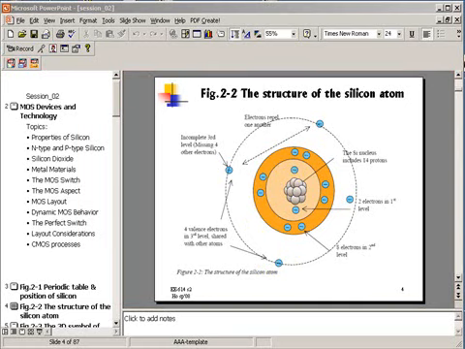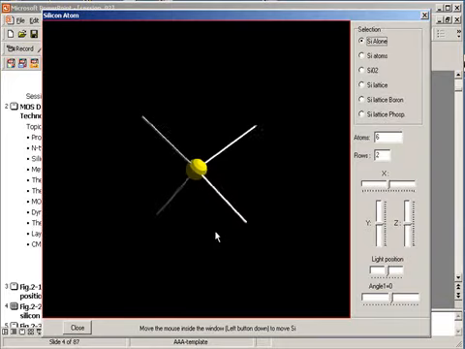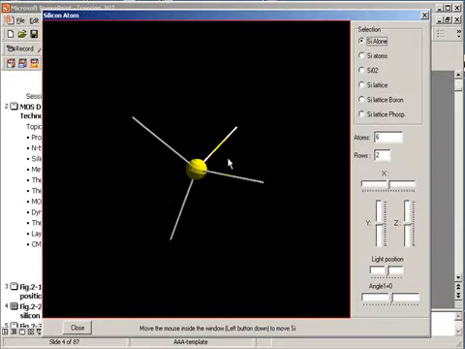Here is a single silicon atom by itself. This is the silicon. The 4 radial lines represent valence electrons to be shared with other atoms.